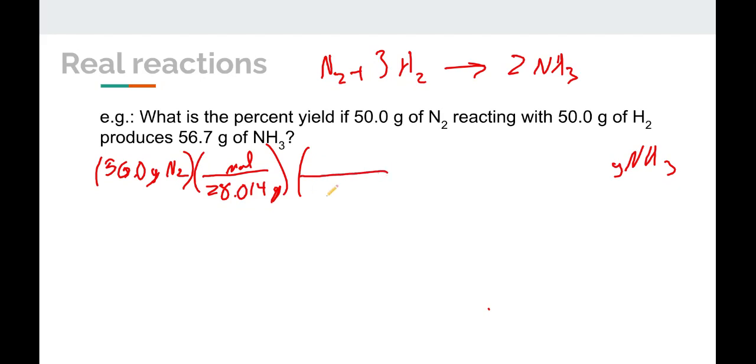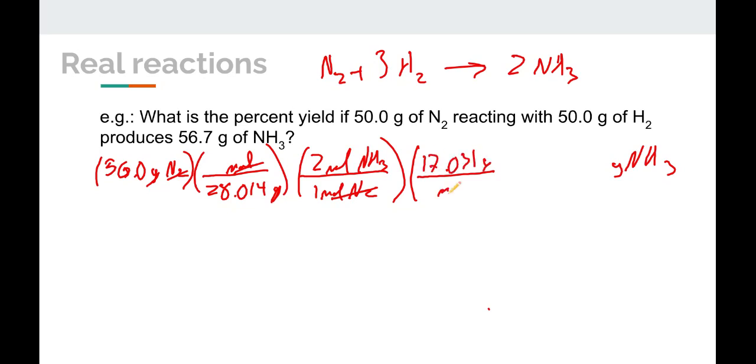From my balanced chemical equation, I know that 1 mole of N2 will produce 2 moles of NH3. So now moles of N2 have canceled out, and I know how many moles of NH3 have been produced. But I want grams, so I'm going to use the molar mass of ammonia, which is 17.031 grams per mole. And that will allow me to calculate how many grams of NH3 were produced. That comes out to 60.6 grams of NH3.